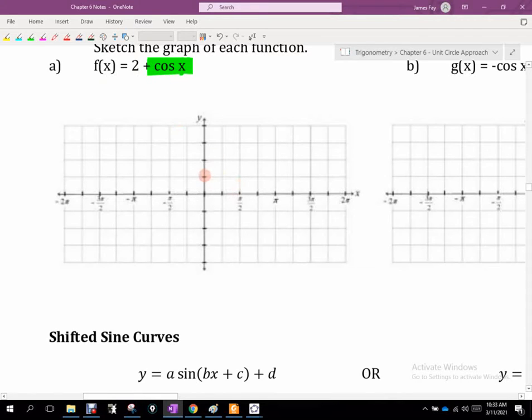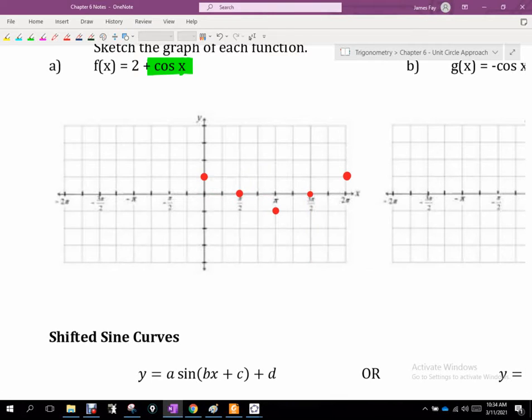We know it starts at a height of 1, finishes at 2 pi at a height of 1, right? Halfway in between, it's at its lowest value of negative 1. The x-intercepts are at pi over 2 and 3 pi over 2. We know those key parent function points.